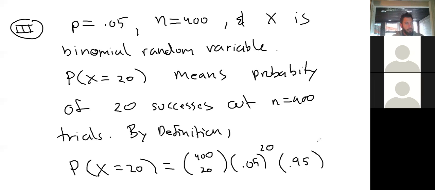Well, that would be 400 minus 20, so that would be 380. And so instead of computing that number, which is often difficult to do, even with basic calculators, you need a little more sophisticated calculator to actually compute this because of the size of those numbers.